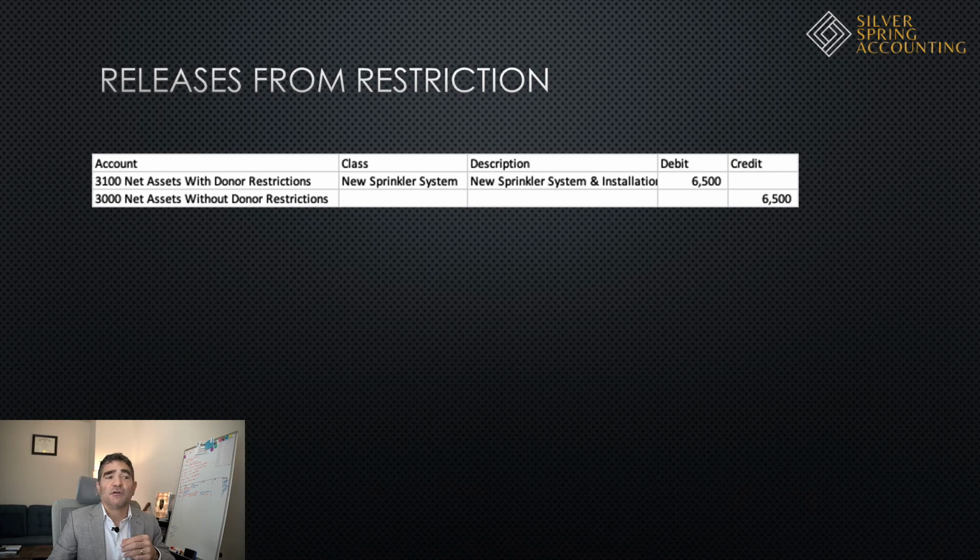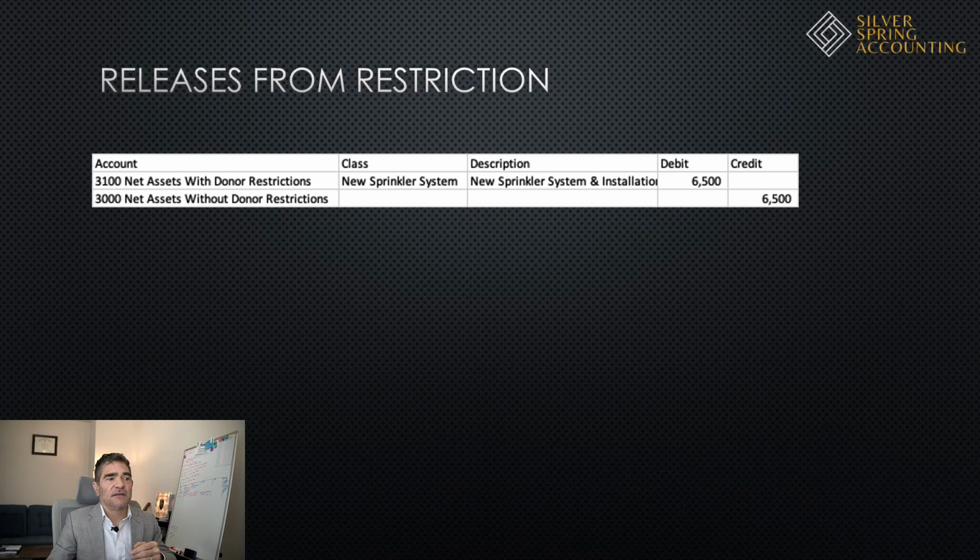So what we're going to do is debit our net assets with donor restrictions. And if we included a class, include that class, new sprinkler system, with a description. It's always nice to be able to go back and see why we made an entry for $6,500. Then we're going to credit our net assets without donor restrictions, because these restrictions have been released. It's now part of net assets without donor restrictions.